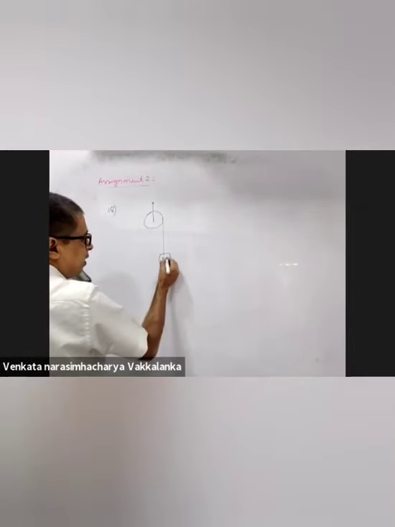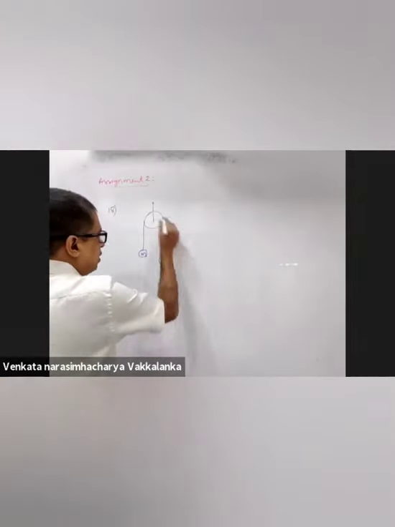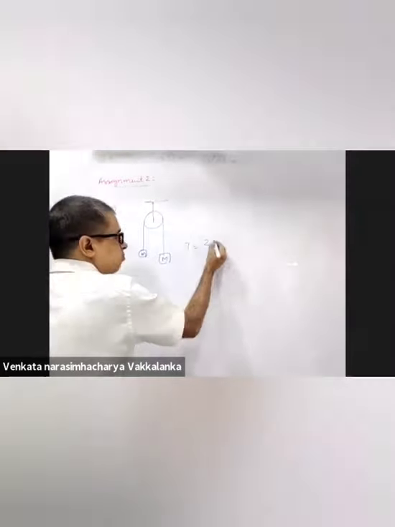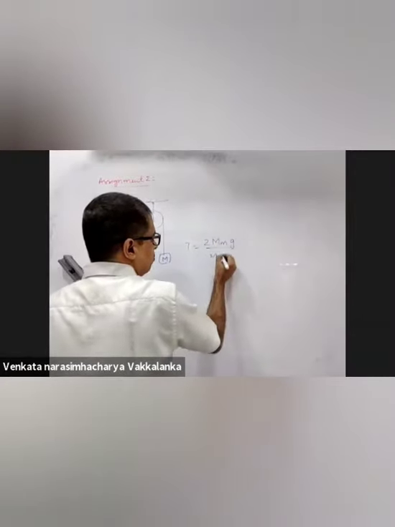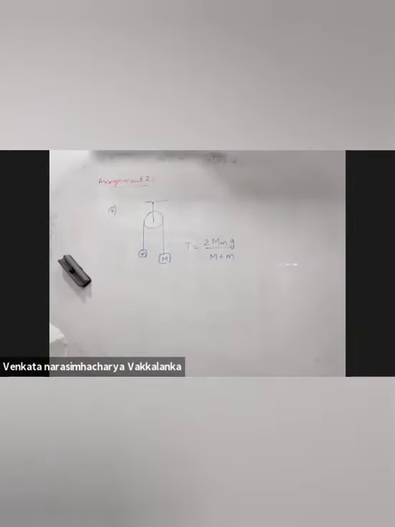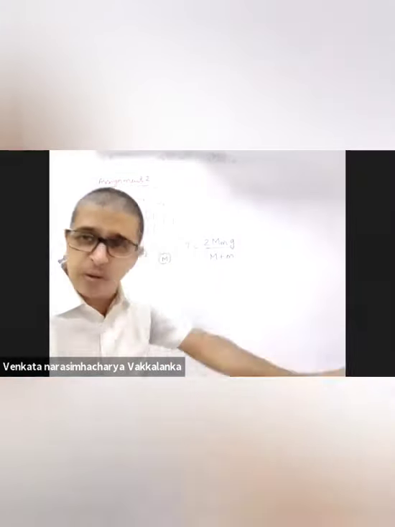This is capital M, this is small m. If you solve Atwood's machine, how much tension will come? 2m1 m2 g by m1 plus m2. This is what we simplified. This is the answer. First thing that we dealt with was an Atwood's machine, simple pulley.